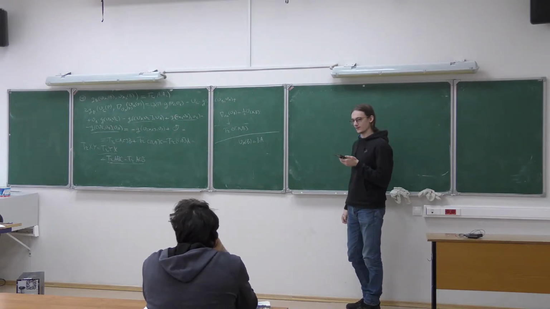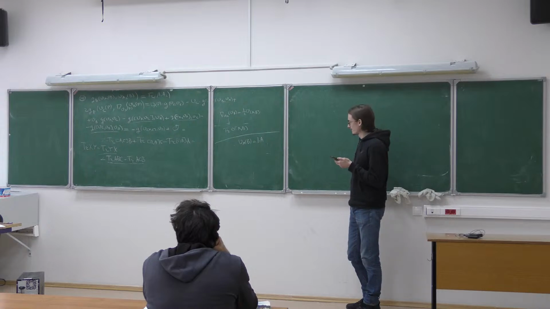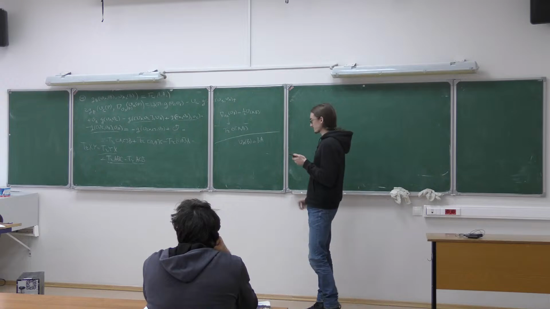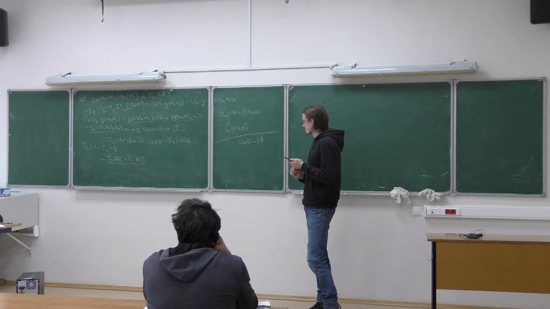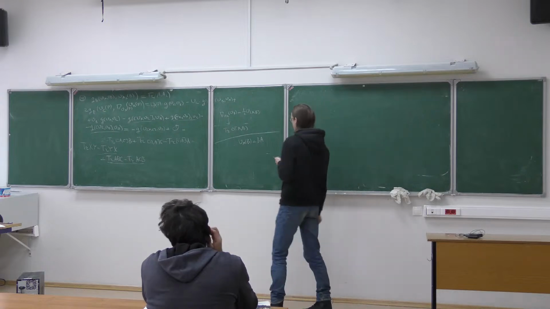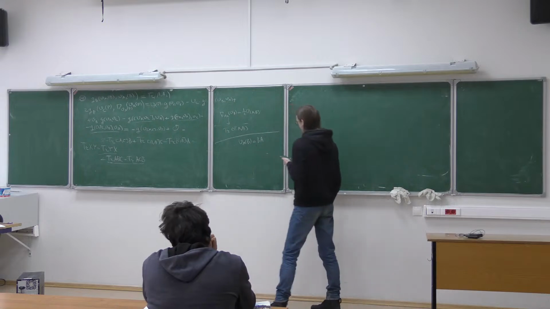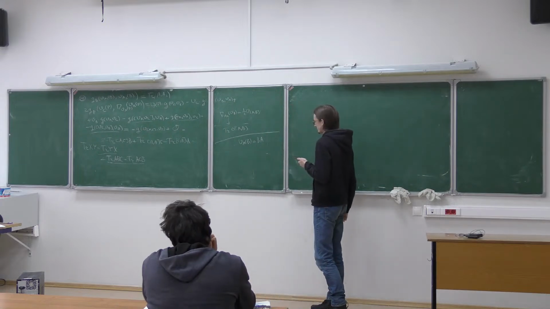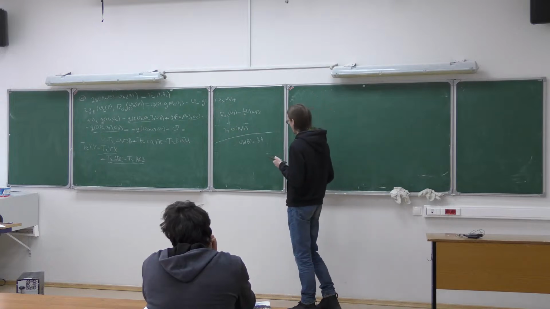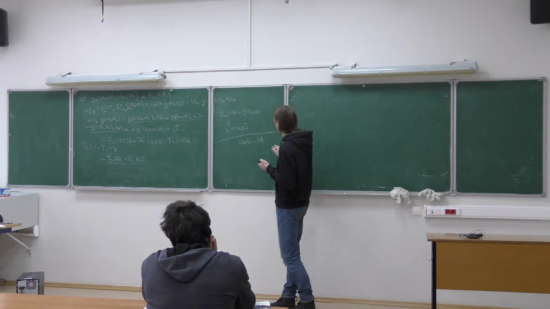Hence, I'm not sure what it means. So VA applied to B should be something from the tangent space to B. So you have to somehow identify the tangent space to B with matrices.